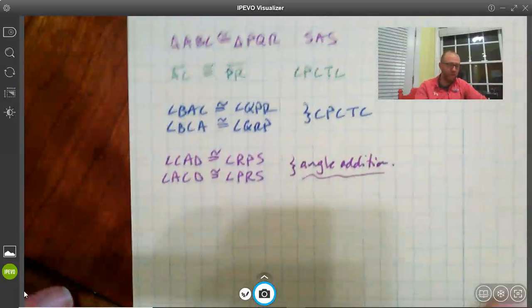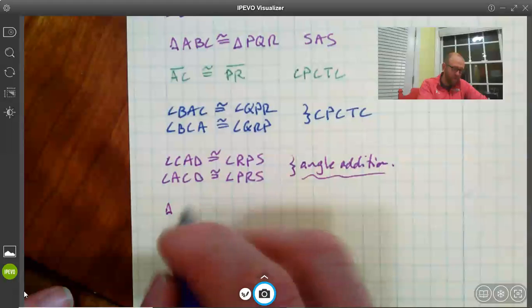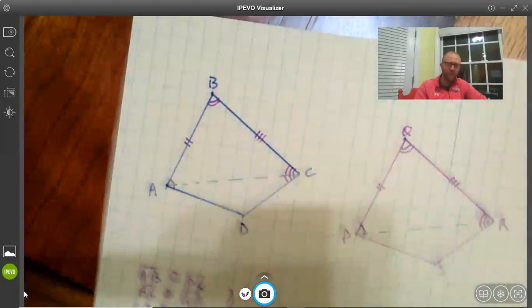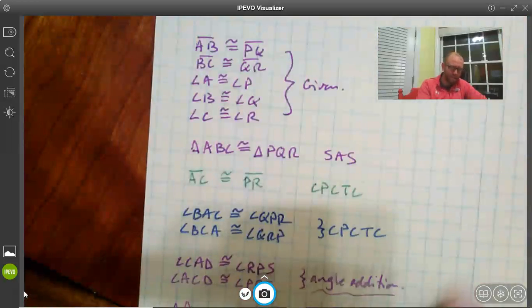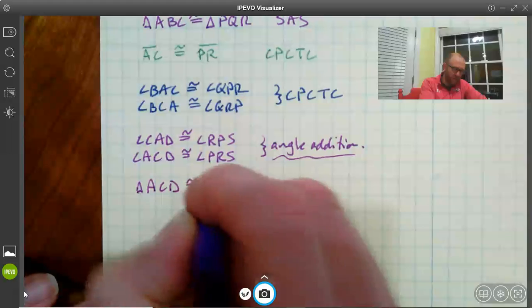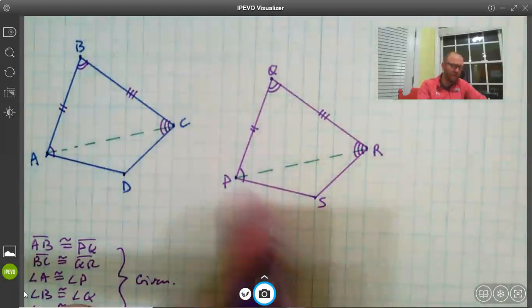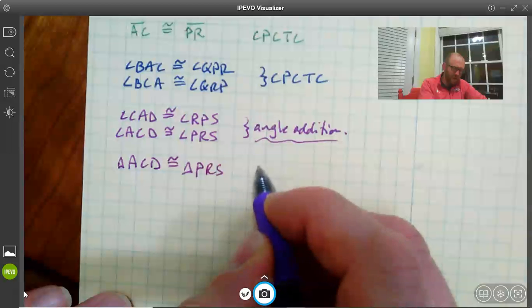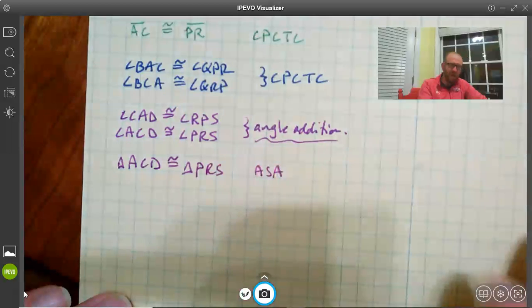So we'll go back and we'll say that triangle ACD is congruent to triangle PRS by angle side angle.